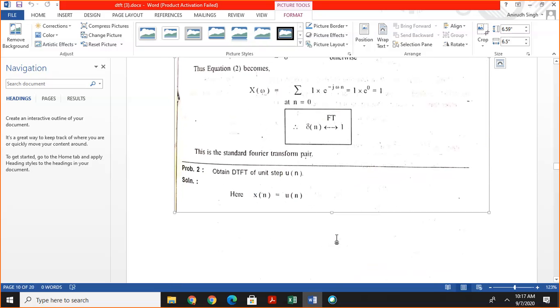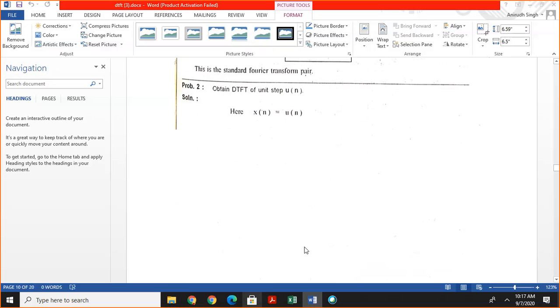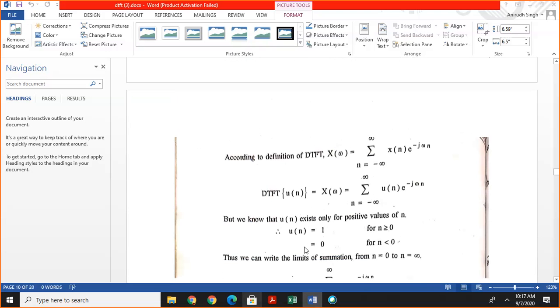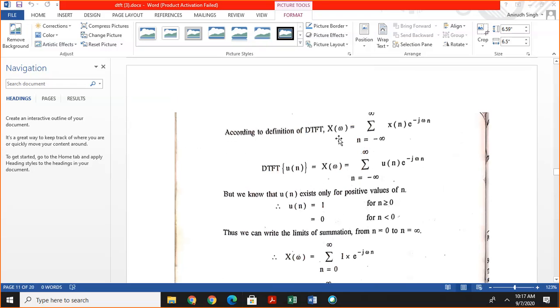Next, calculate the DTFT of the unit step u of n. X of omega is given by summation of x of n e^{-j omega n}. Substitute the value of x of n, which is the unit step u of n.